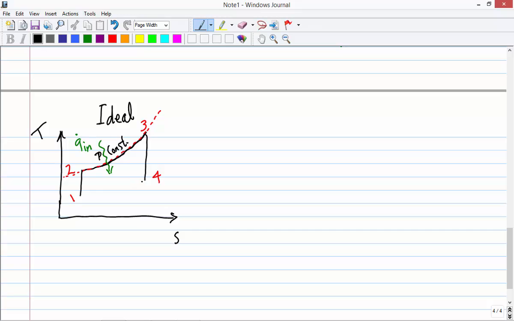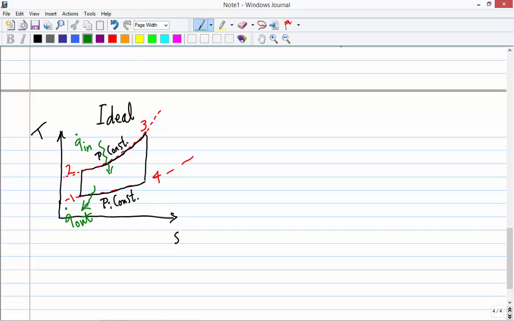And point 4 to point 1 would be another constant pressure process, right? And on this curve, pressure is constant again, and we absorb heat, so Q dot out.